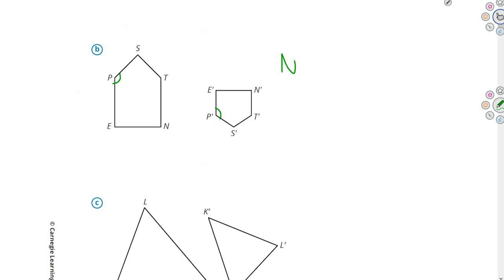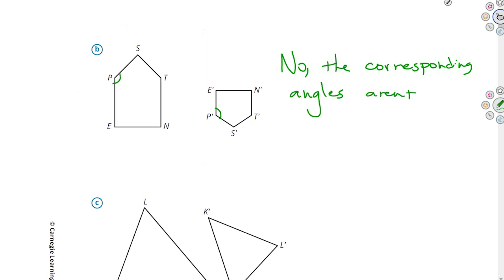So I'm going to say no, the corresponding angles aren't congruent. If you want to pause the video for students to copy this down, that's fine.